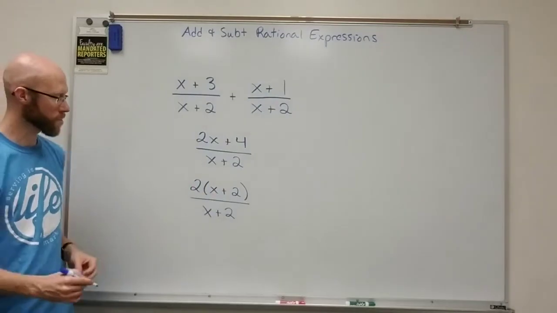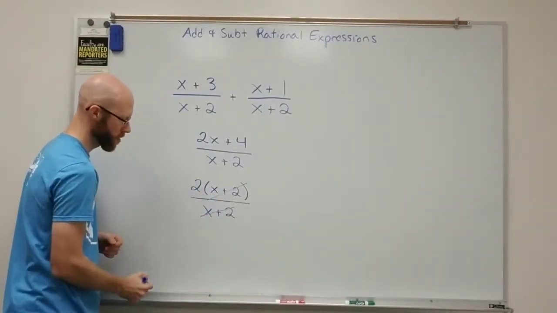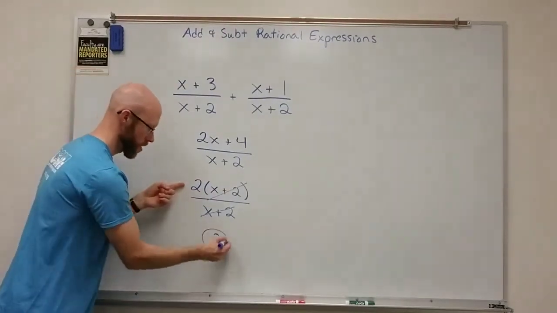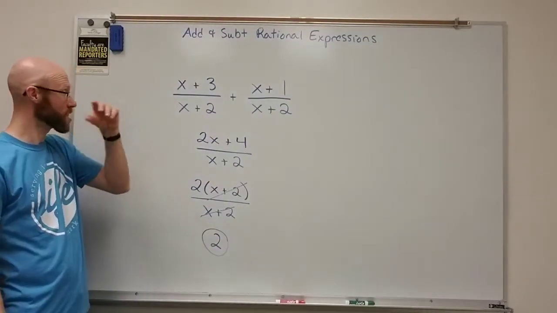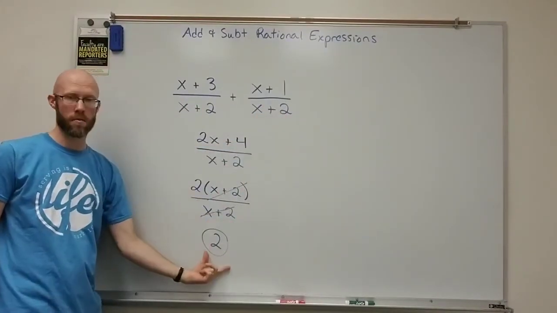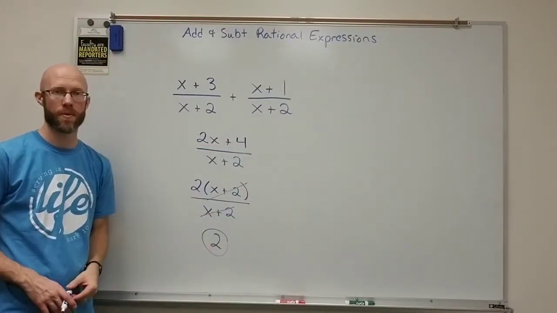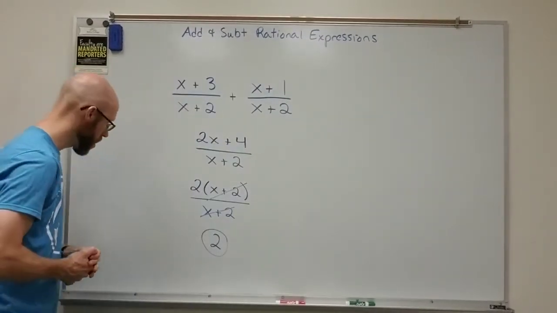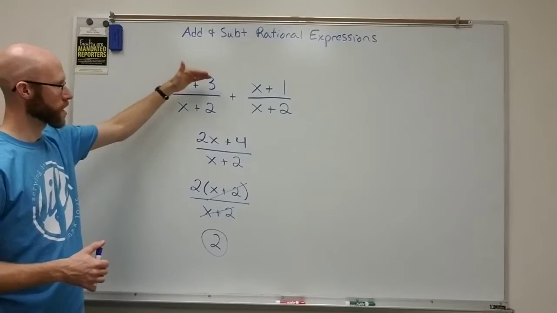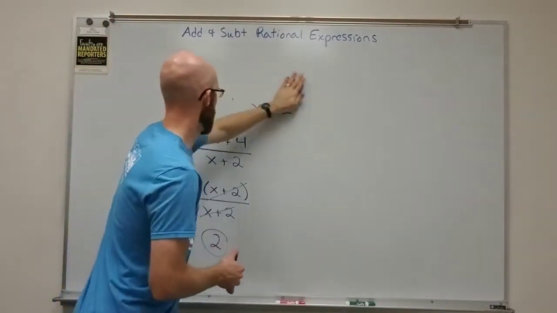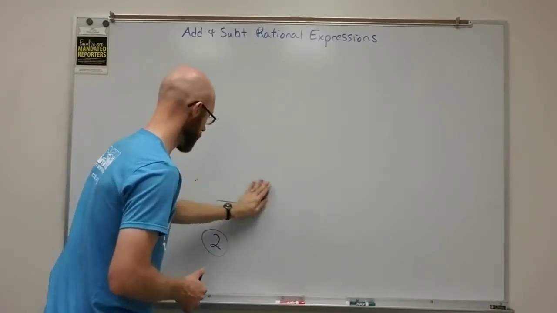And so I can cancel the common factor off, and we're left simply with a 2 as our simplified form. So these two rational expressions, when added together, will always give me a value of 2. Okay. So again, with a like denominator, we're just adding the numerators or subtracting. I'll show you an example of a subtraction as well, and then simplifying when needed.